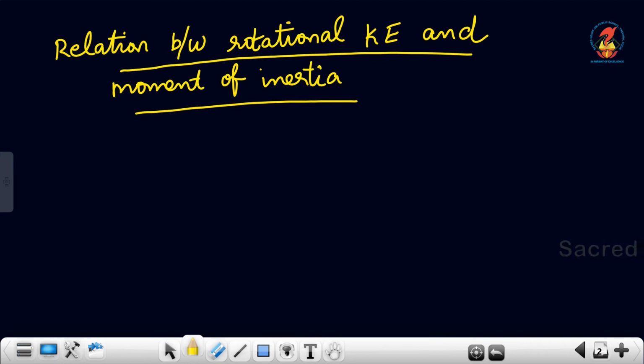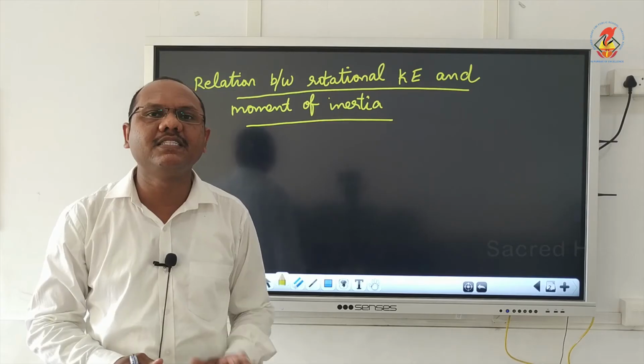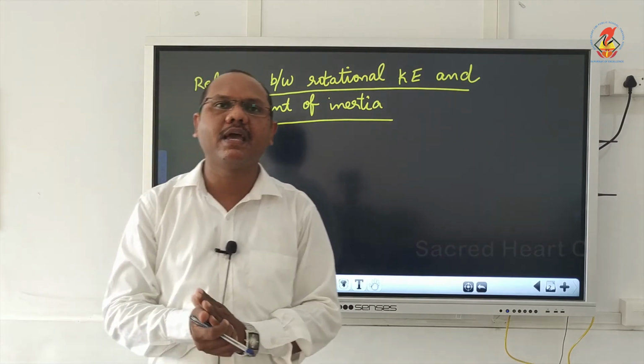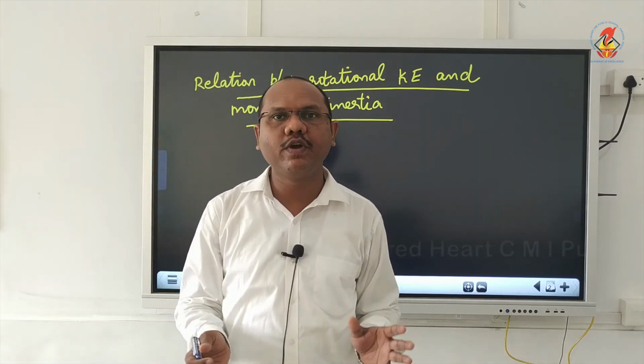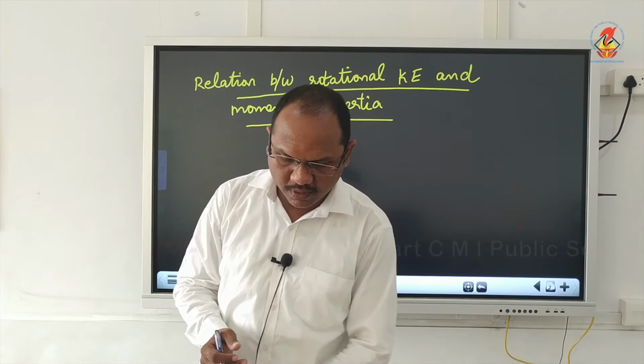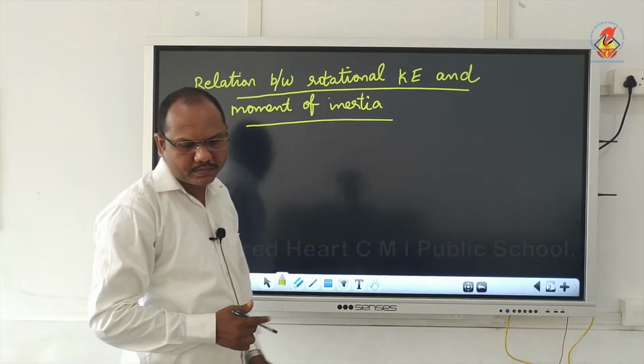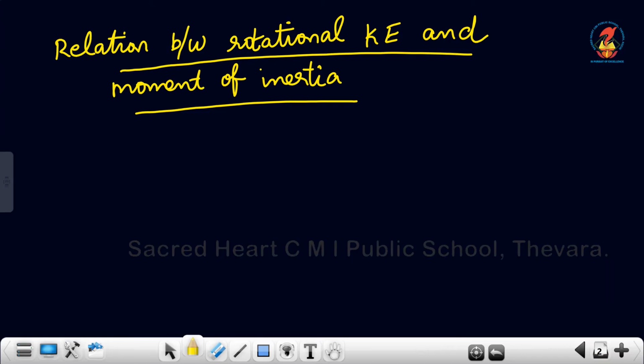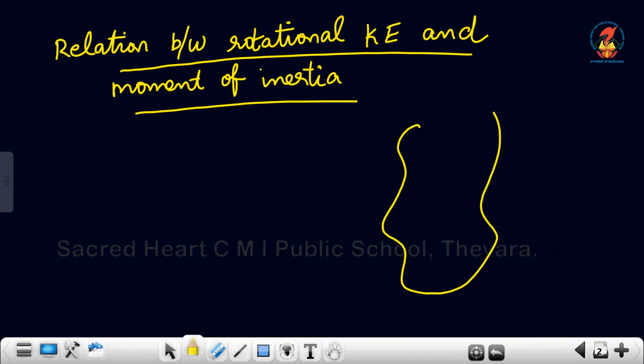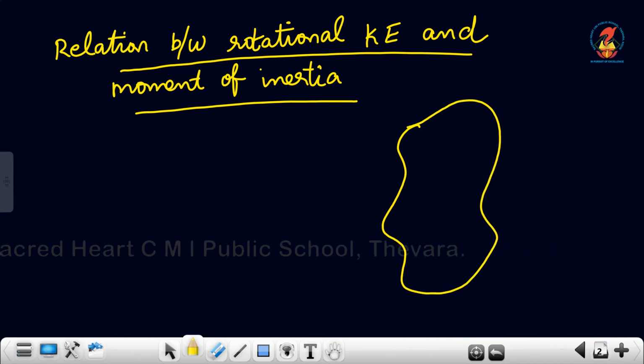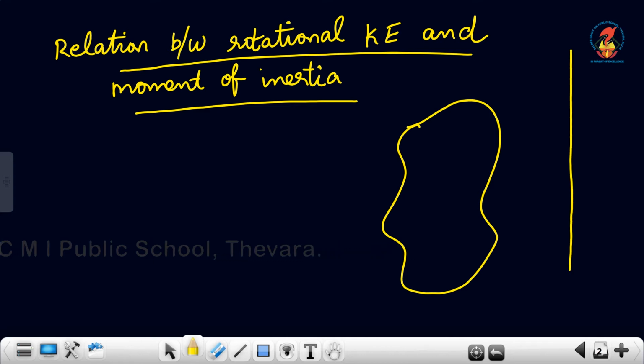Consider a rigid body rotating about an axis with uniform angular velocity omega. So I am drawing a rigid body of any particular shape. There is no specified shape, any random shape you can draw, and this is the axis of rotation.